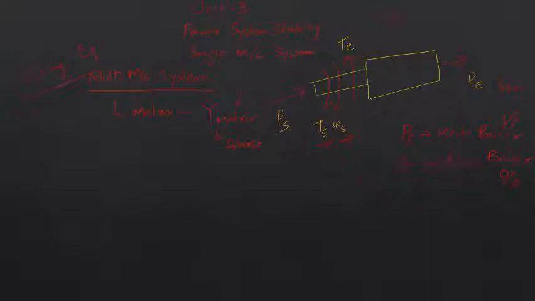Only then will the balancing come. So some opposing action will be there, and that is our electrical torque. Basically, this machine has a mechanical and electrical relation, right?